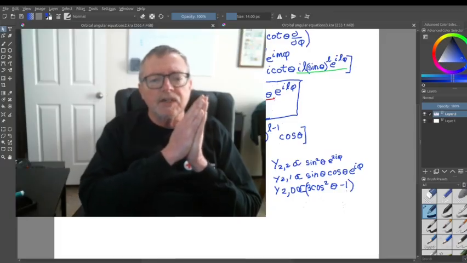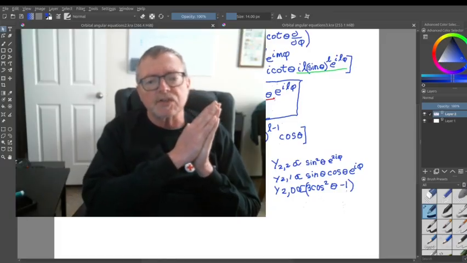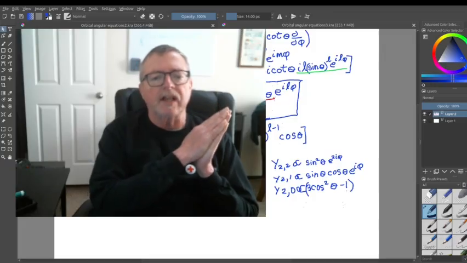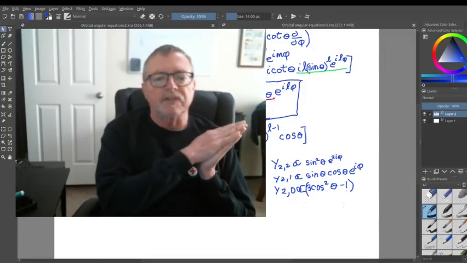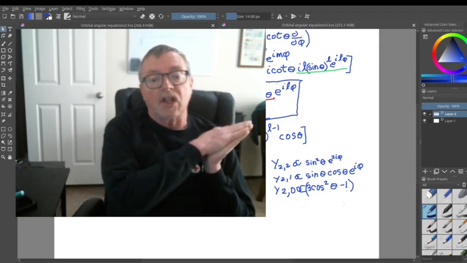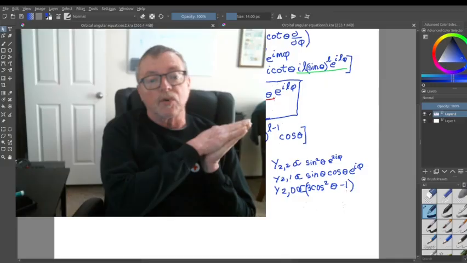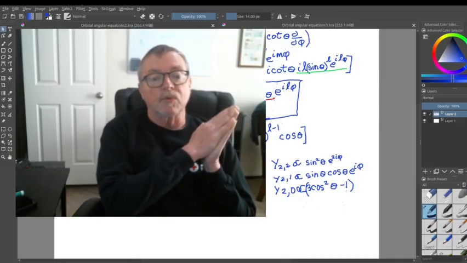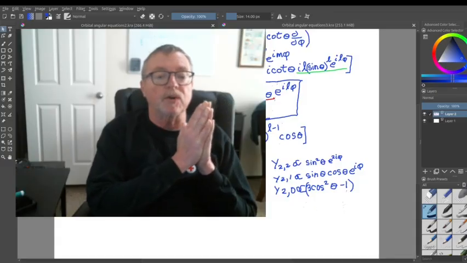And then as we increase to cosine squared, or in f orbitals, you'd have even a cosine cubed, it's starting to get really close to the horizontal versus the vertical z. So that's telling us what's happening with those orbitals.